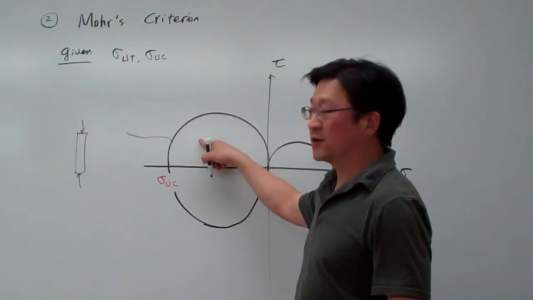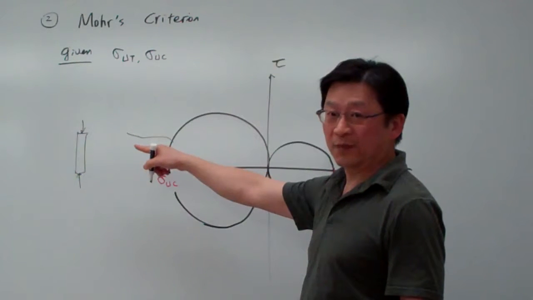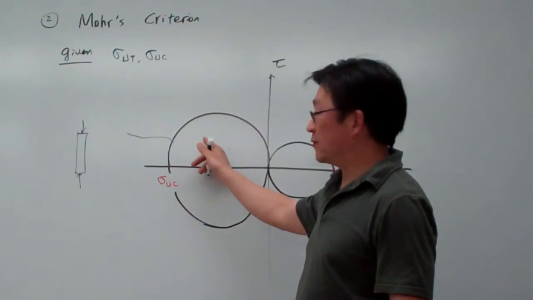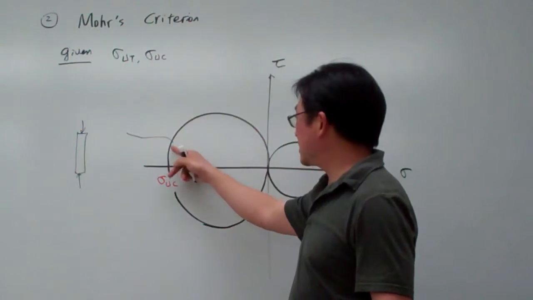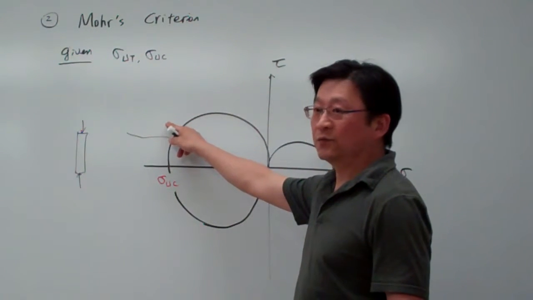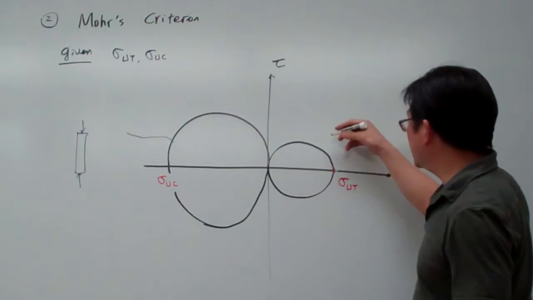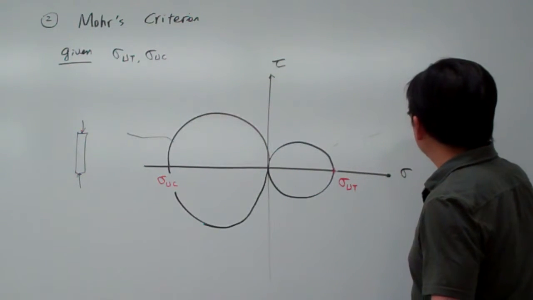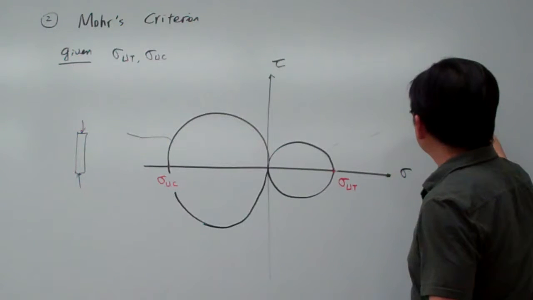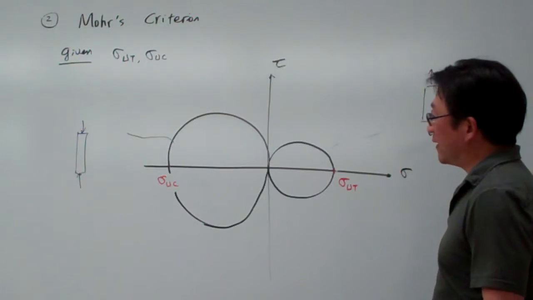If inside the circle, then the loading is safe. If the loading condition falls outside of the circle, then per this criterion, we say it is unsafe. In a similar way, this circle corresponds to loading under tension.